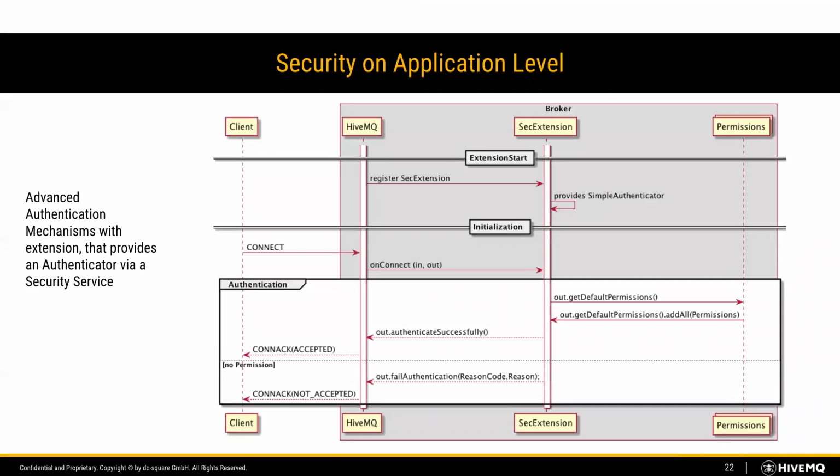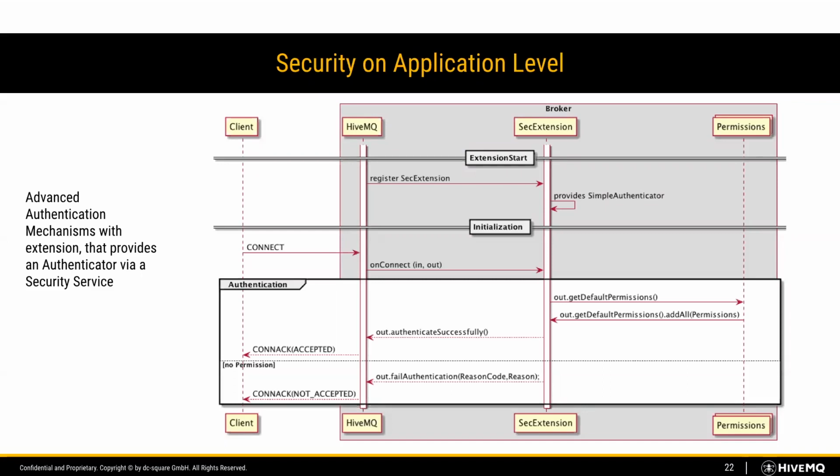Here's a very quick sequence diagram. I don't want to get too deep into it, but what we really can see here is that we can utilize the HiveMQ broker with a security extension to get permissions.